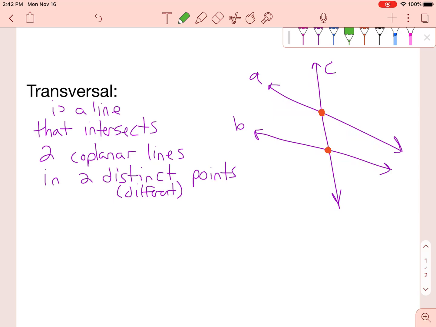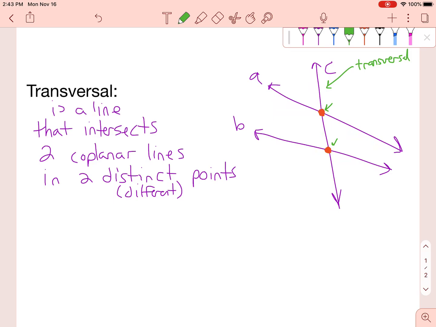So we refer to C as the transversal because C is the one that is hitting both A and B. Okay, C is intersecting at 2 distinct or different points, both line A and line B. So again, we call that the transversal.